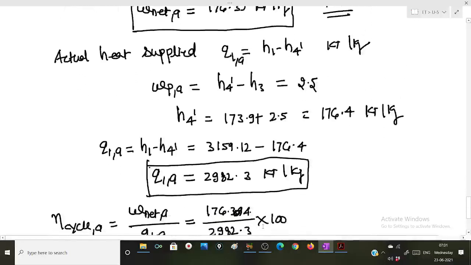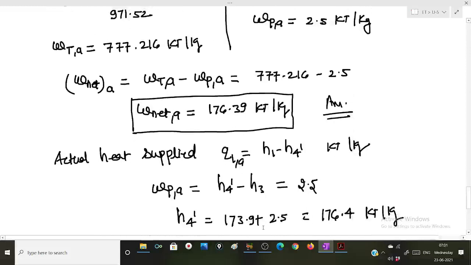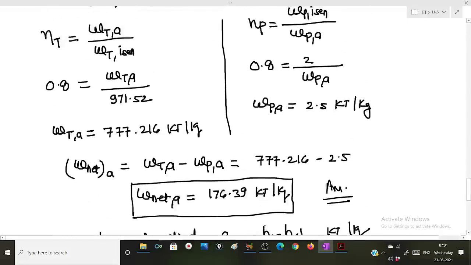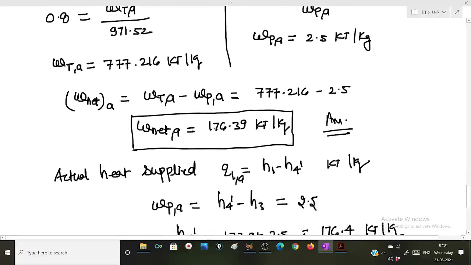Oh, sorry. The value of net work output is 176.39, so I have to correct this. This is actually 774.716.